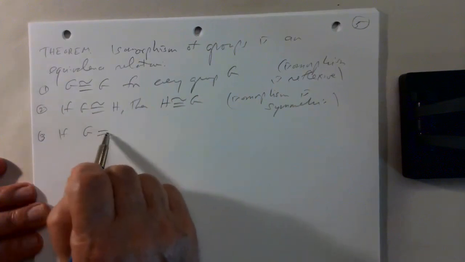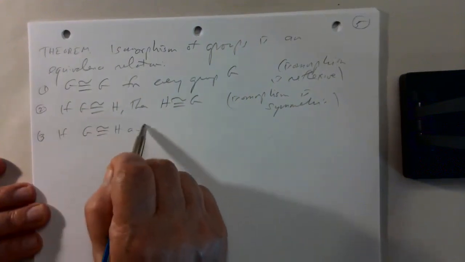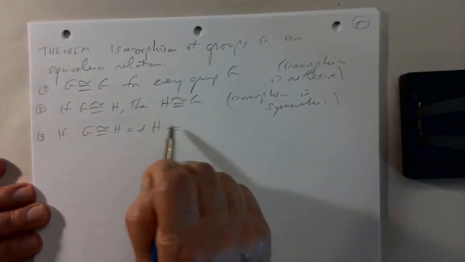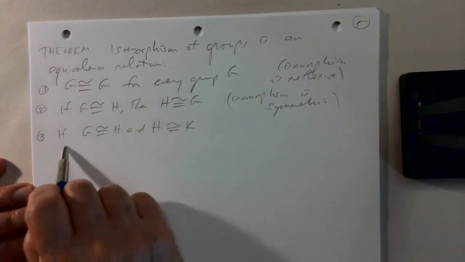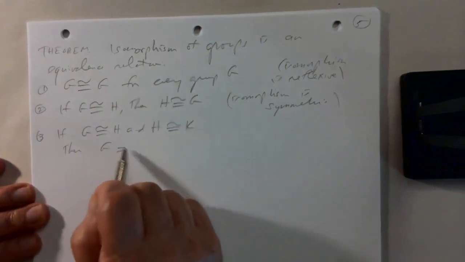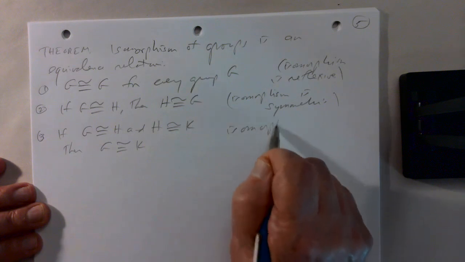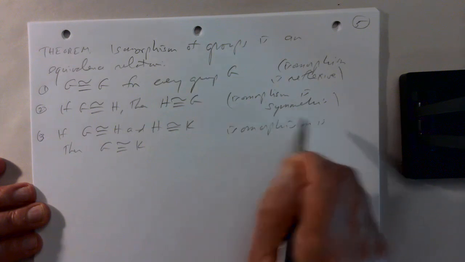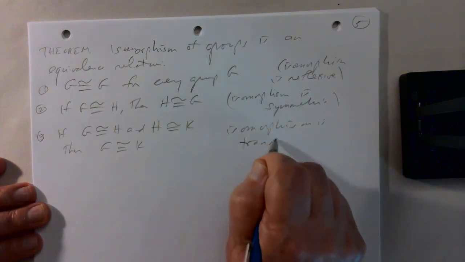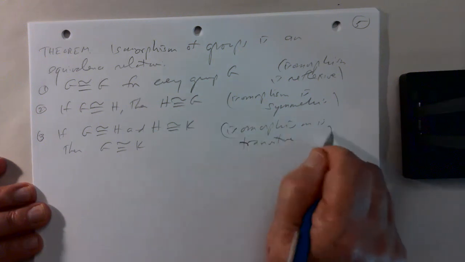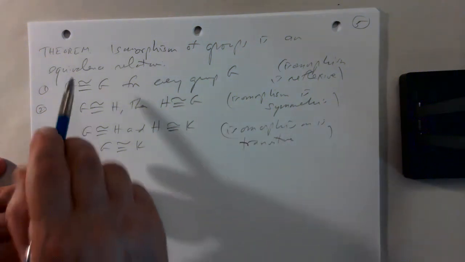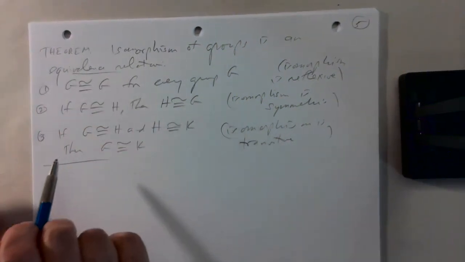And if G is isomorphic to a group H, and H is isomorphic to a group K, then G is isomorphic to K. So isomorphism is transitive. So that means we have an equivalence relation.